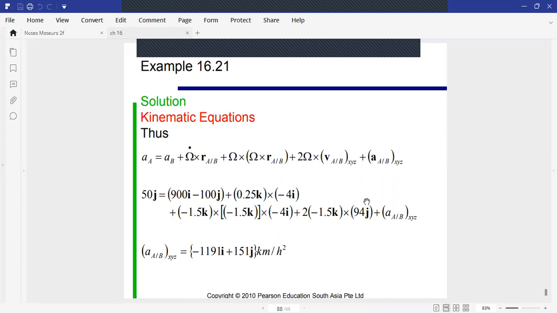And the only unknown is the acceleration of A relative to B. So I do the expansion, and after doing the expansion, I take I terms together, J terms together. I get A of A relative to B. And of course, it will be different in magnitude than A of B relative to A. Any question on this?